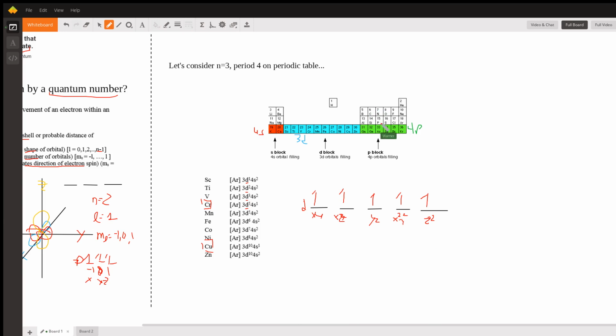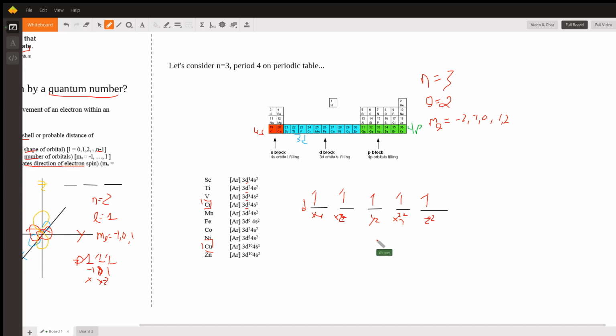So let's start off by writing the quantum numbers for n equals 3. So we see that l is going to be simply n minus 1. l is equal to 2. What about the magnetic quantum numbers? So there's a specific range: minus 2, minus 1, 0, 1, 2.